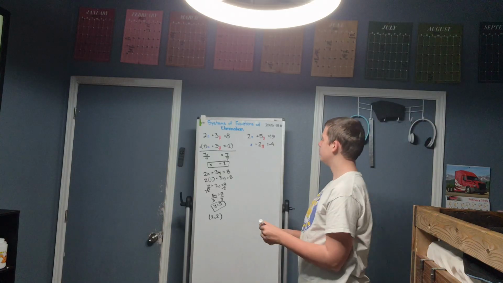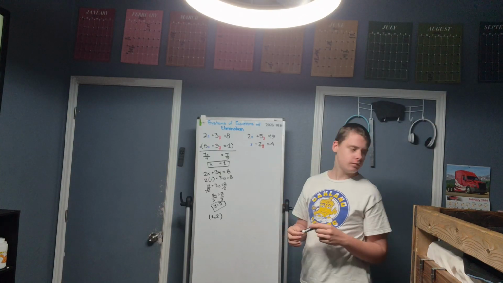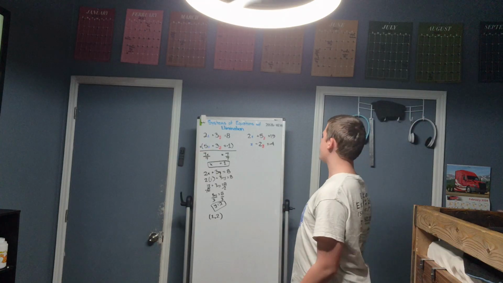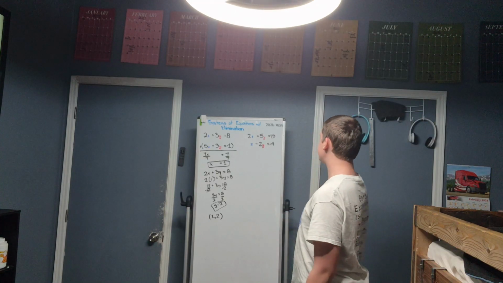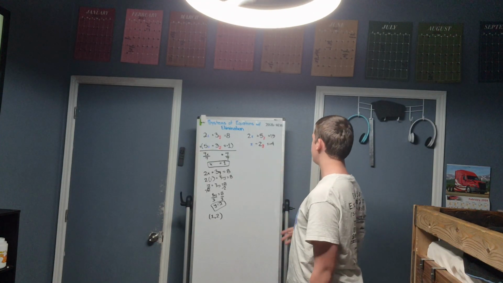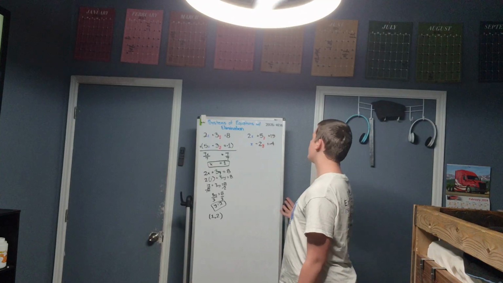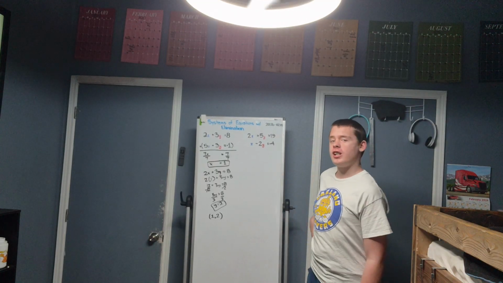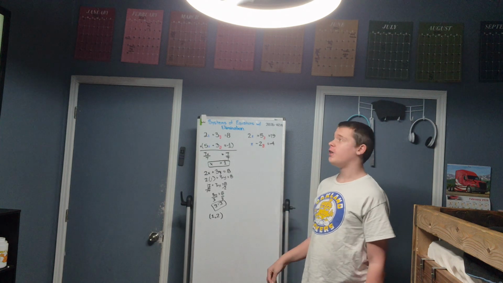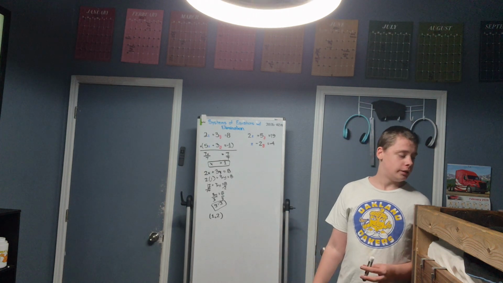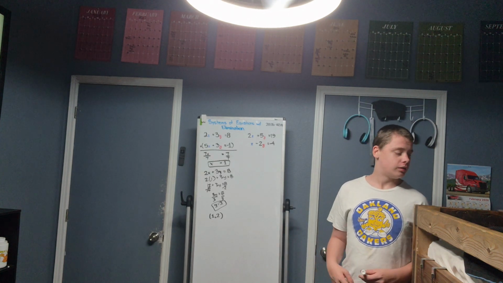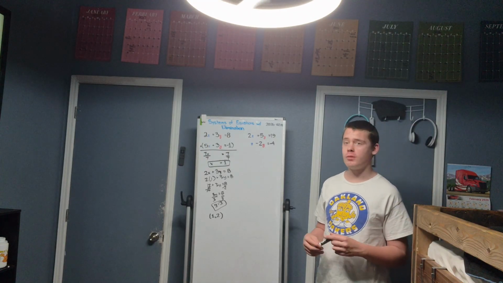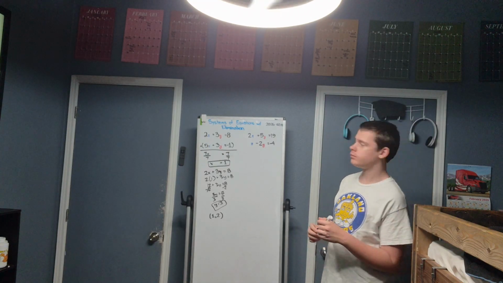So, for this one, if we subtract 2x minus x, we have x. And if we subtract 5y and 2y, we got 3y. So, we're going to find something to cancel out one of those two. Okay, so we're going to multiply the second equation by -2.